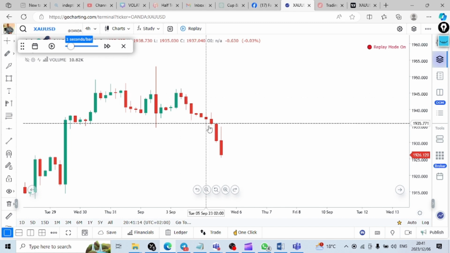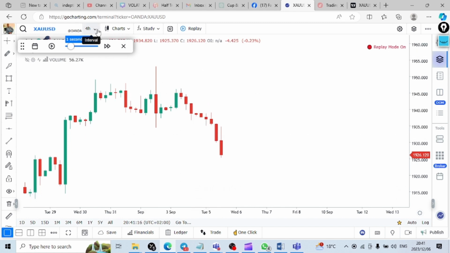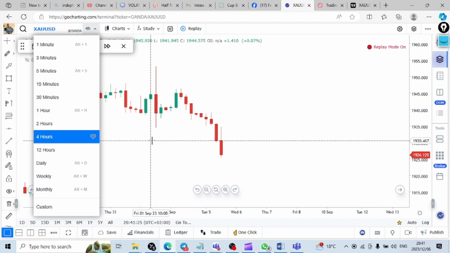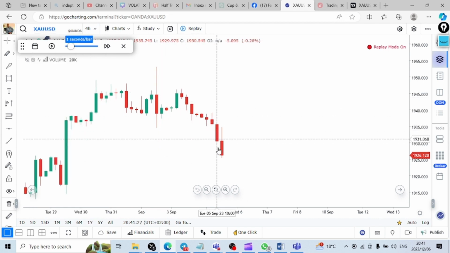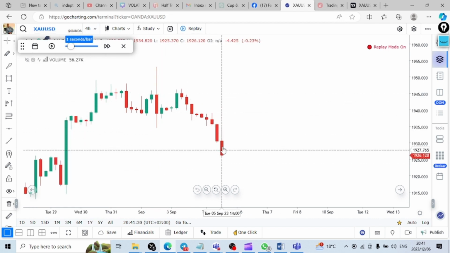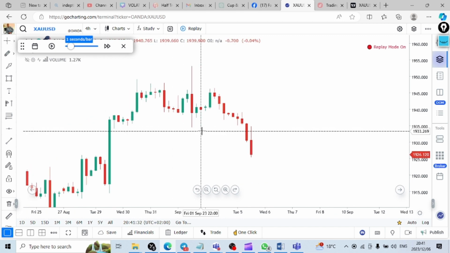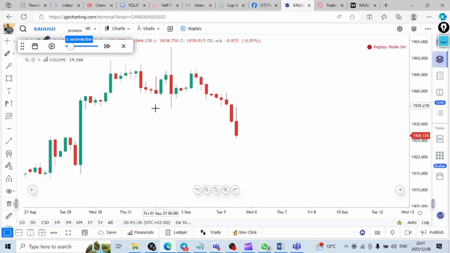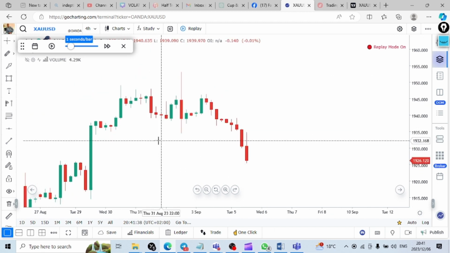Before this big movement, before all these red candles, if I go to the daily, this signifies that there was the involvement of large institutional traders. This is where these big guys entered this market, and they caused the price to start moving downwards.